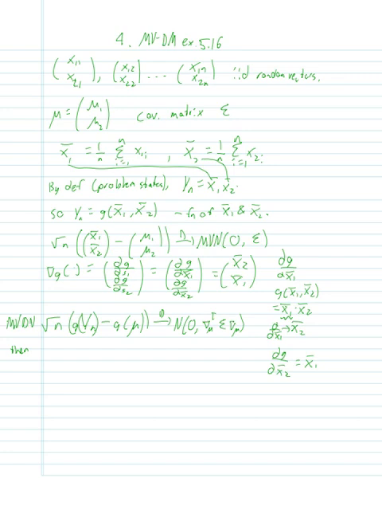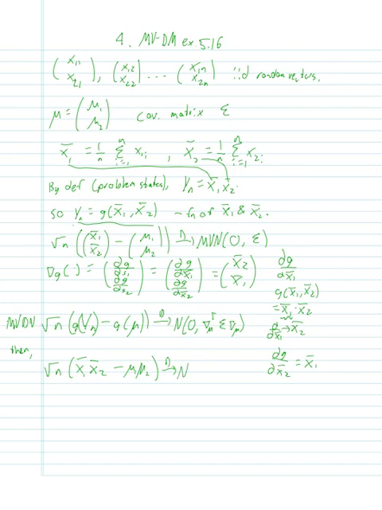Then, for our case, we have the square root of n times g of y sub n, here is equal to g of x bar 1, x bar 2, minus g of mu, which is mu1, mu2, plugging the vector mu into g.